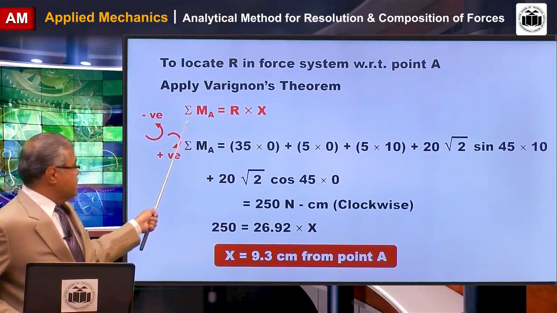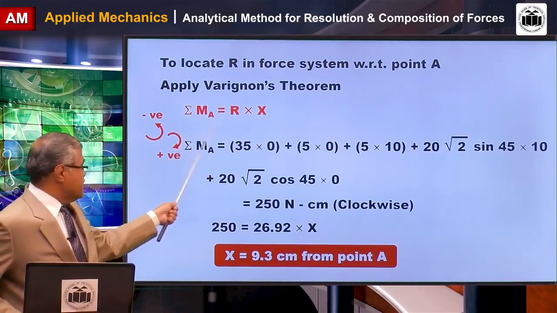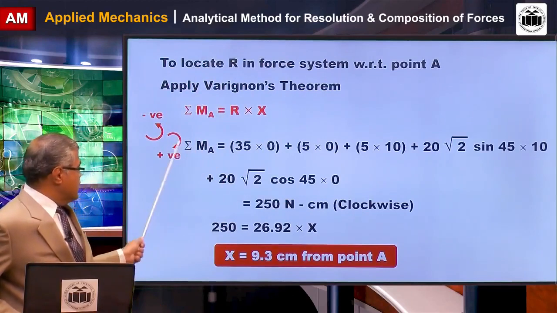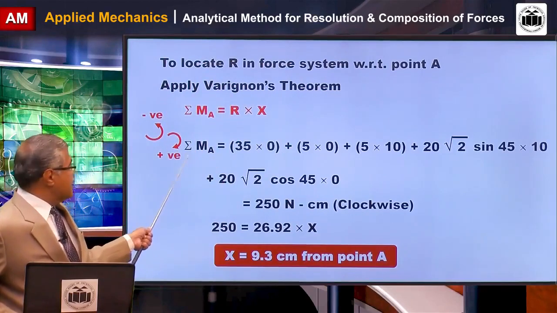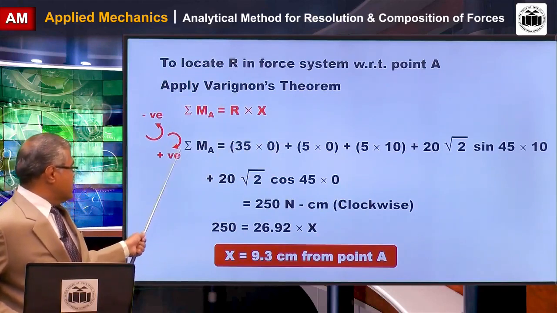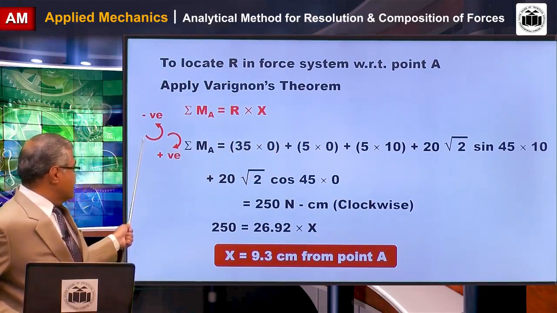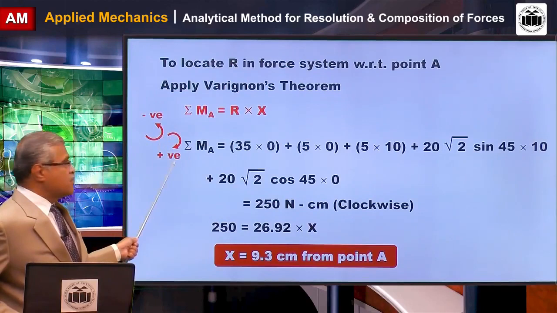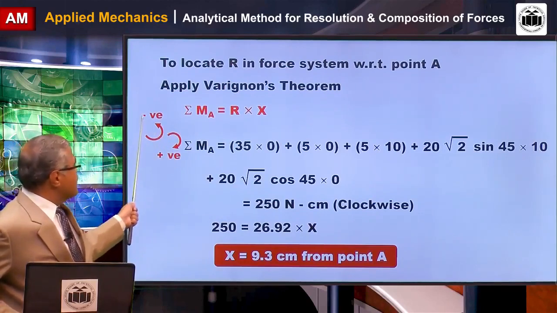Varignon's theorem is mathematically expressed as summation MA is equal to R into x. Here we want to find summation MA, which means the algebraic sum of moments of all the forces. While finding summation MA, students commit mistakes in considering the sign convention. This sign convention is to be followed perfectly: clockwise moment is taken as positive, anti-clockwise moment is taken as negative.